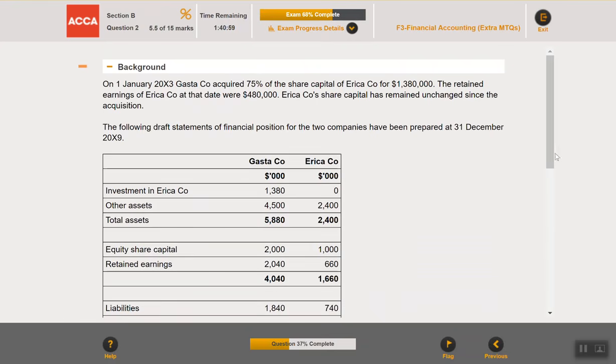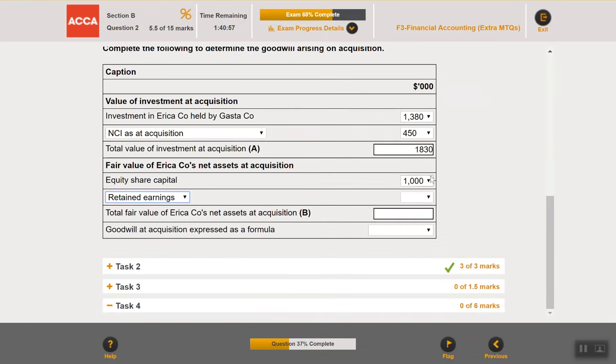So it gives us total net assets or equity at the date of acquisition, 1480 total, deducted from the top will give us goodwill. So A minus 100% of B, not 75%, will give us the answer.